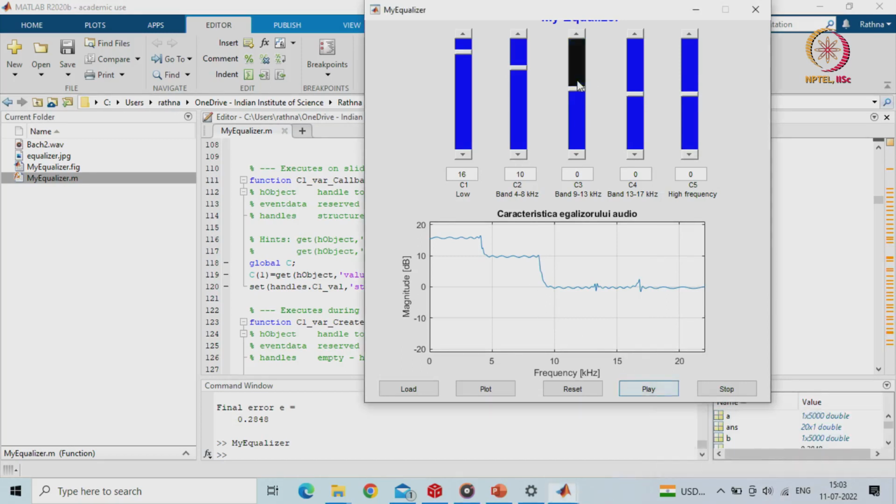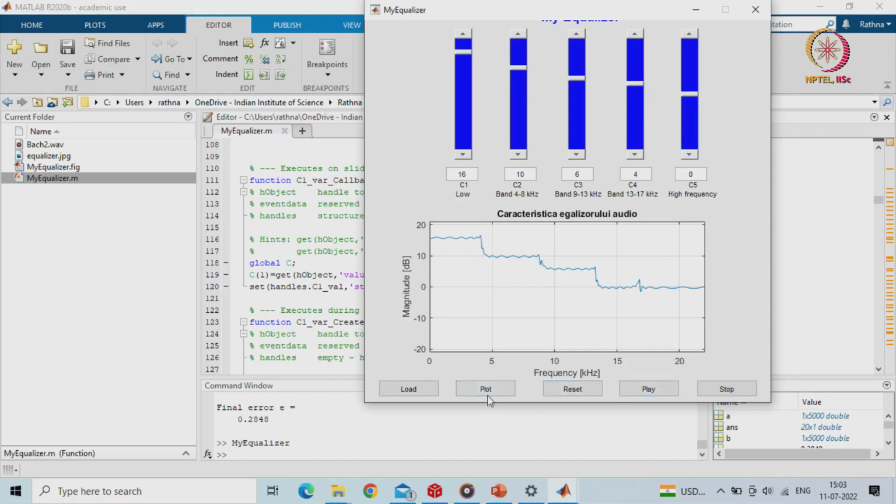Okay. We will go on increasing this also. So, we will put it as 6 dB and then you can plot. You will be seeing almost steps as we are incrementing here, and you can play it. Okay.